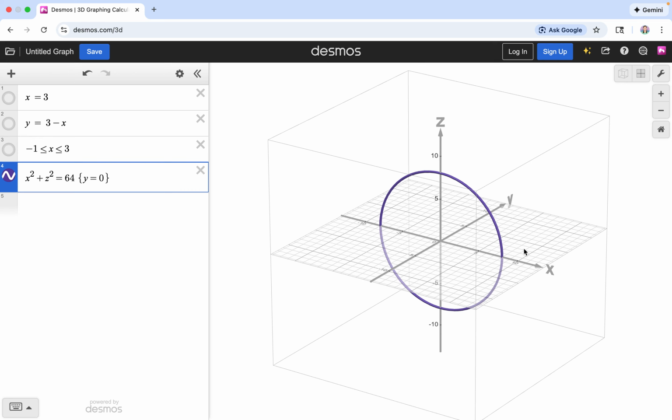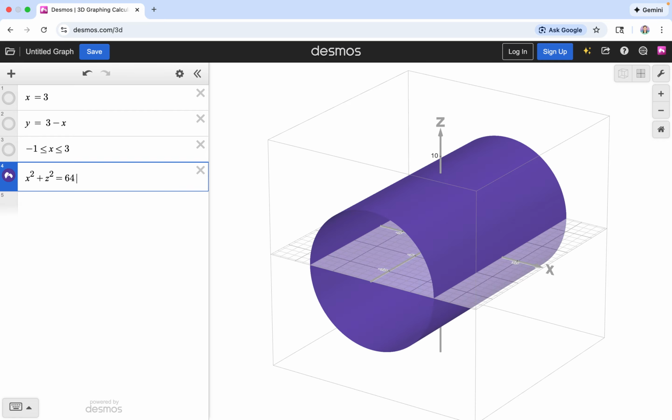This is the x-axis and the z-axis. So this will be the xz plane. Okay. So now if I remove that, then it'll be a three-dimensional figure, so it'll be a cylinder. So then it looks like this.